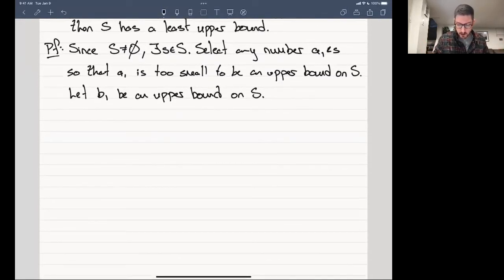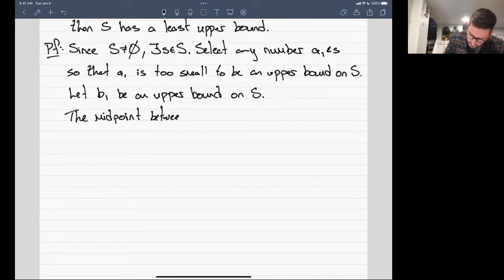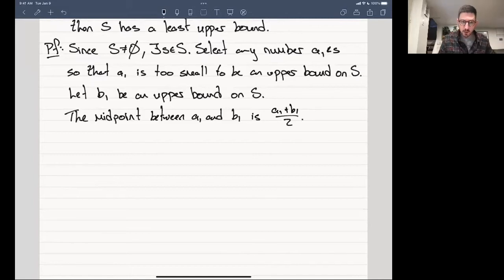Here's what we'll do. We'll cut the interval A1 to B1 in half. So the midpoint between A1 and B1 is (A1 plus B1) over 2. And here's what we're going to do.